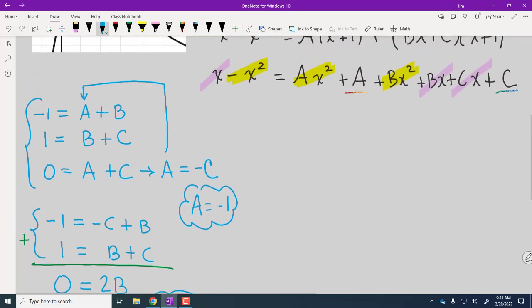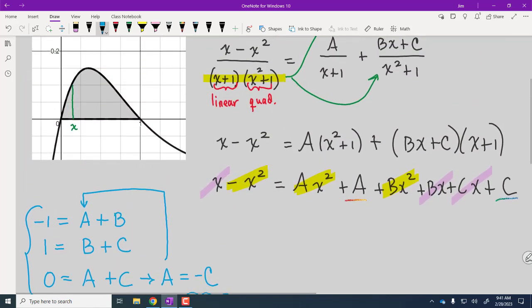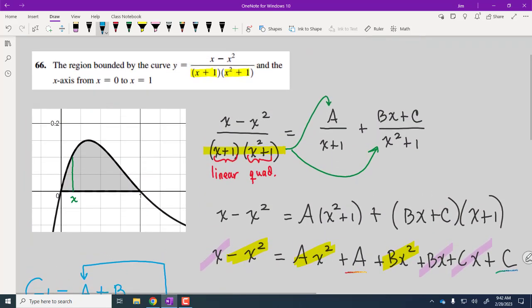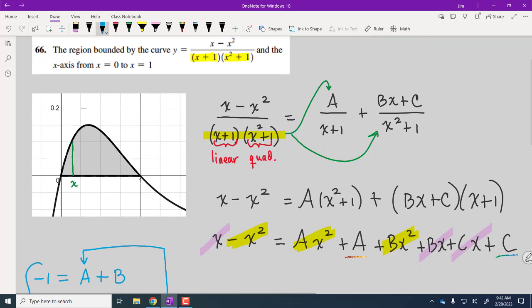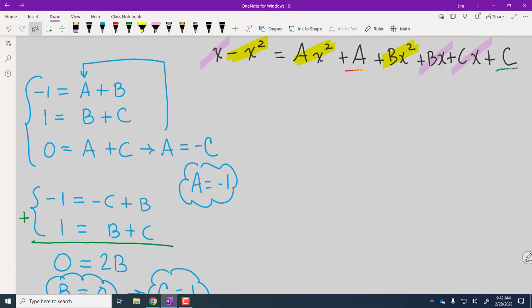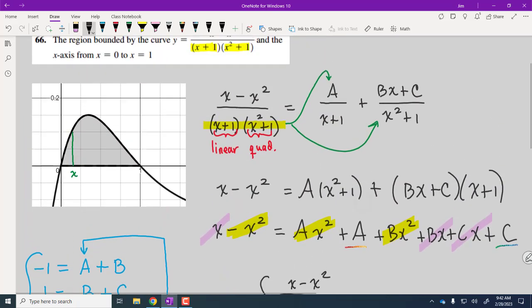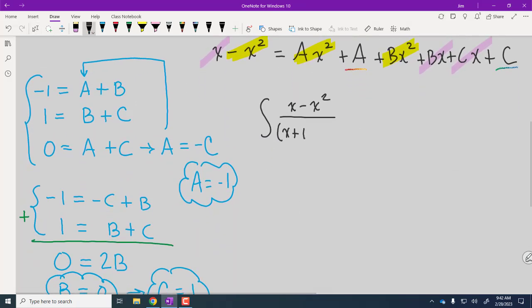And now we can take our original integral. So we're going to have x minus x squared over x plus 1 and x squared plus 1. That's our original integral, and now we can rewrite that with these coefficients.